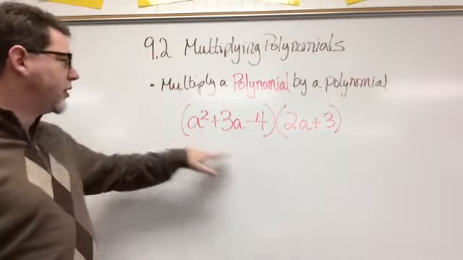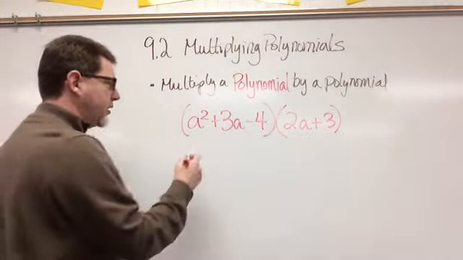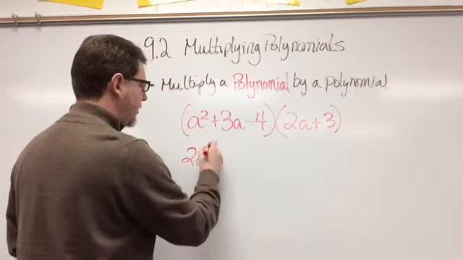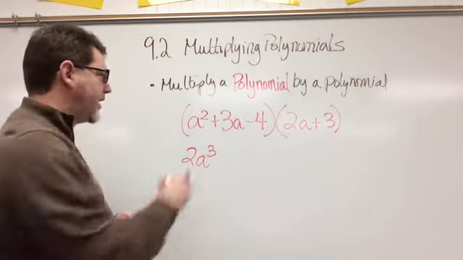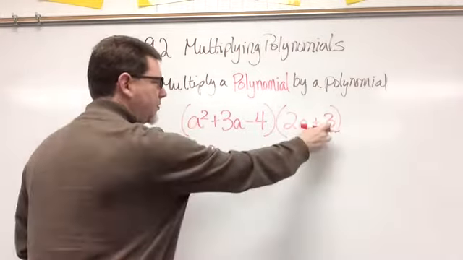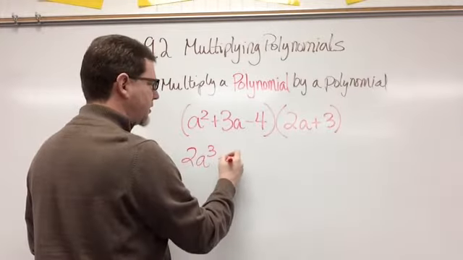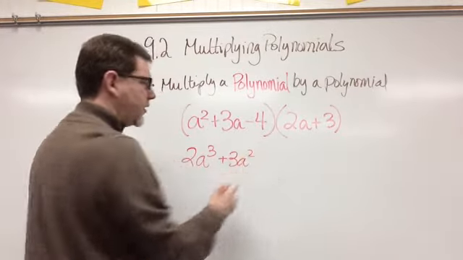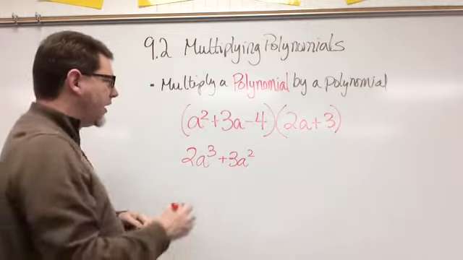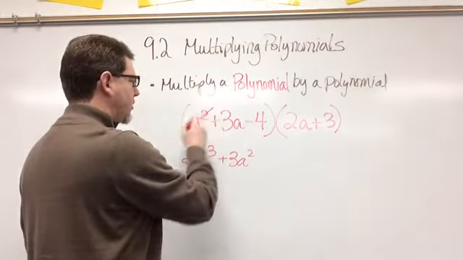So we'll start: a squared times 2a is 2a cubed. And then a squared times 3 is positive 3a squared. And now I'm done with the a squared, so I can cross that out.